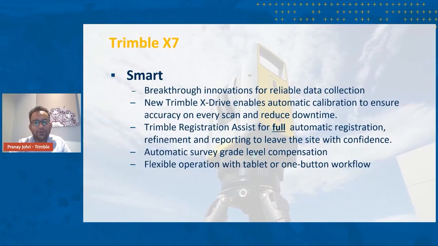When we talk of smart, it has automatic calibration and a registration assist for full automatic registration. And after registration, it will refine your registration for you. Refining means, for instance, if I have taken a few positions like scan number one, scan number two, scan number three, scan number one is linked to scan number two, scan number two is linked to scan number three, and scan number three might be linked to scan number four.